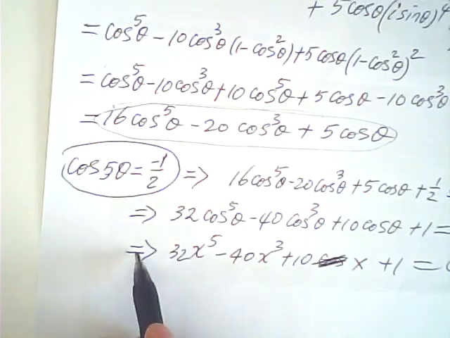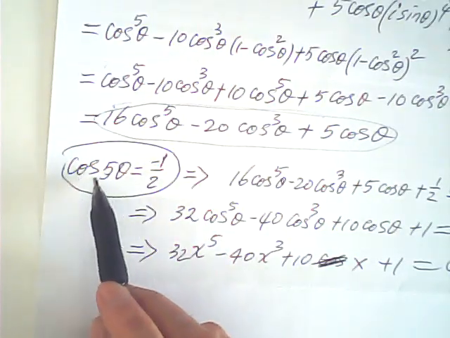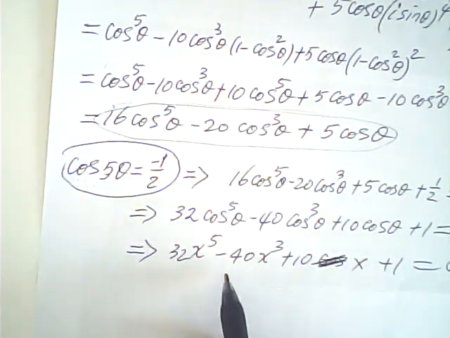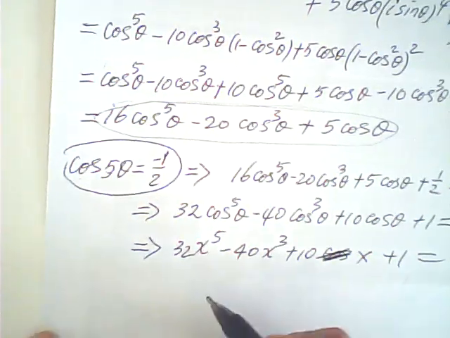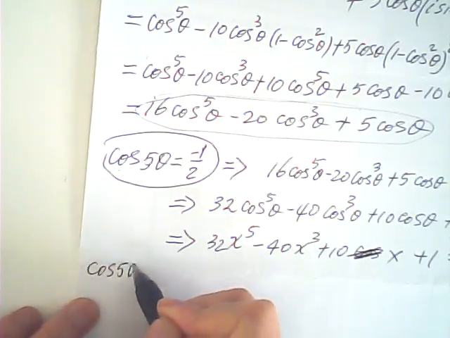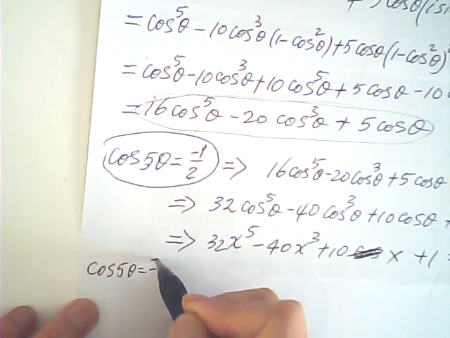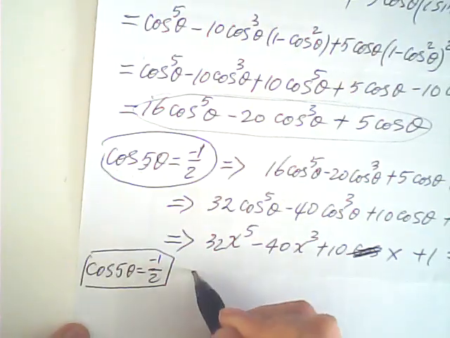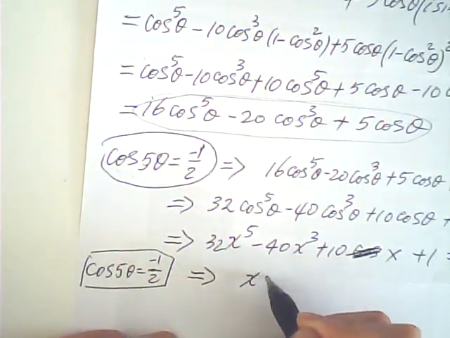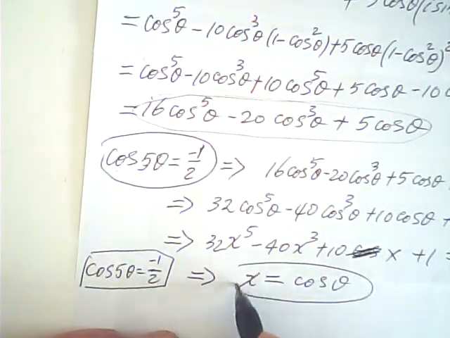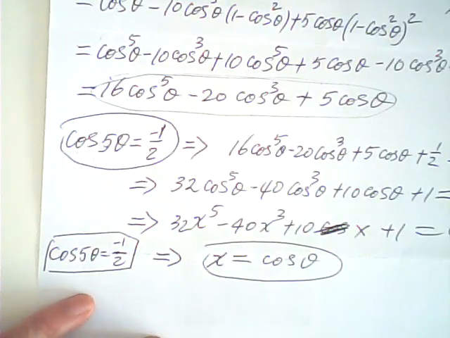This equation, when cosine 5 theta is equal to negative half, let me write down, if cosine 5 theta equals negative half, then my x is equal to cosine theta. Okay, so we find the solution.